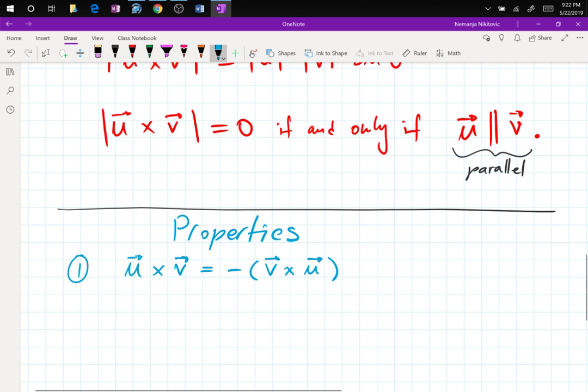Then we have associative property, which says that au cross bv is ab times u cross v.